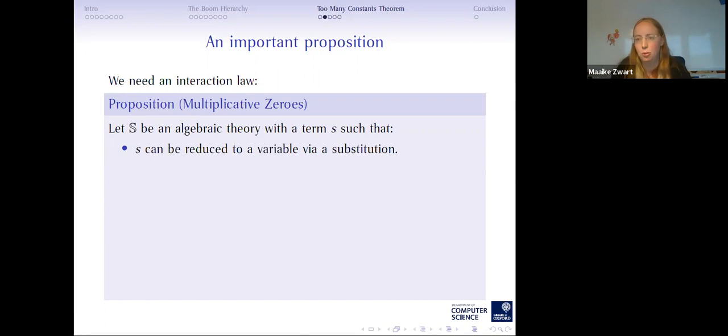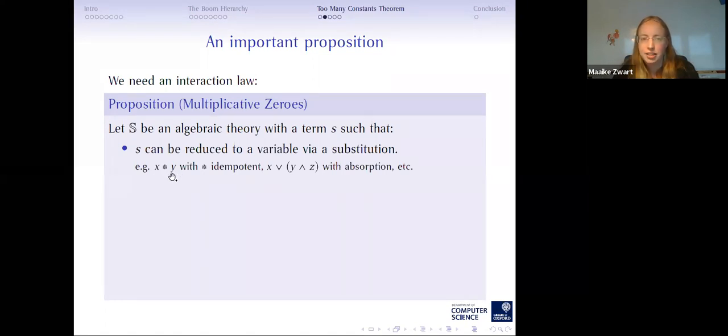There it is, the critical property I needed. And what I mean by via substitution is, for instance, if I have x times y, with times here being idempotent, then I can replace this y with an x. I can do a substitution, and then suddenly it reduces to a variable.